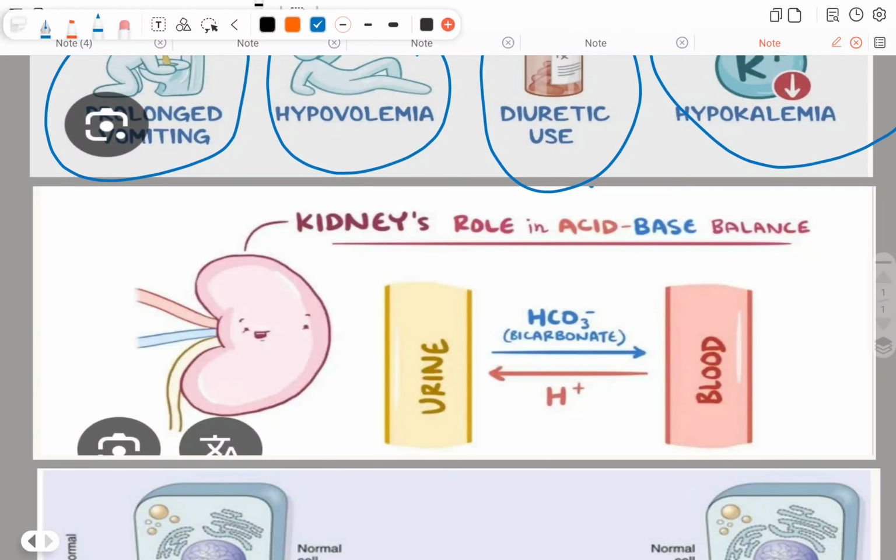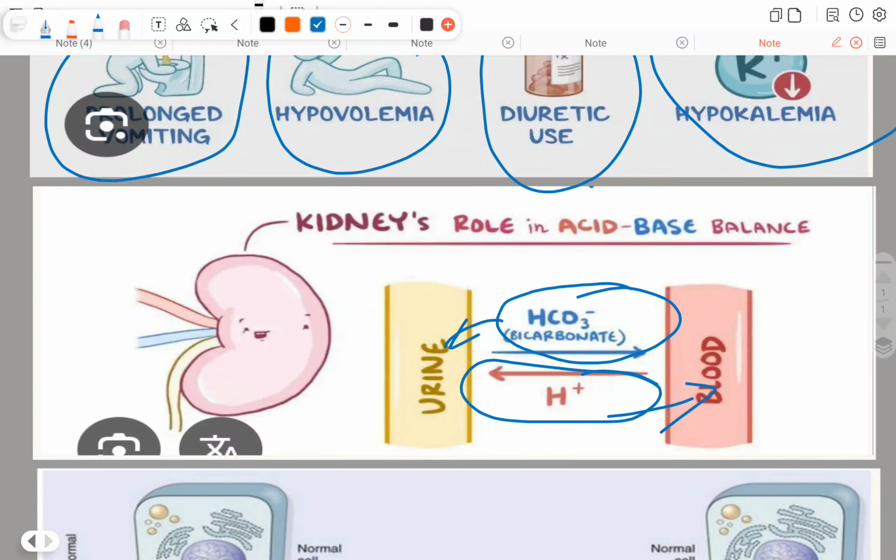If the patient suffers from some kind of base excess, I mean alkalosis, the kidney tries to excrete bicarbonate into the urine and absorb hydrogen into the bloodstream. By this way, the kidney can maintain the normal acid-base balance.